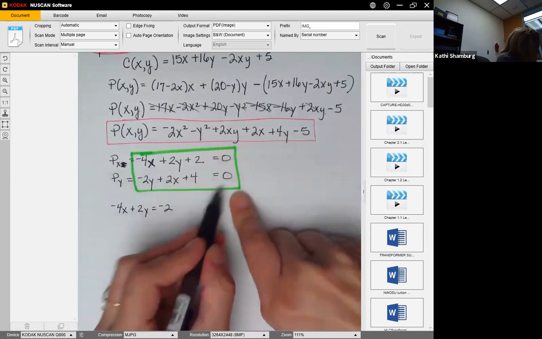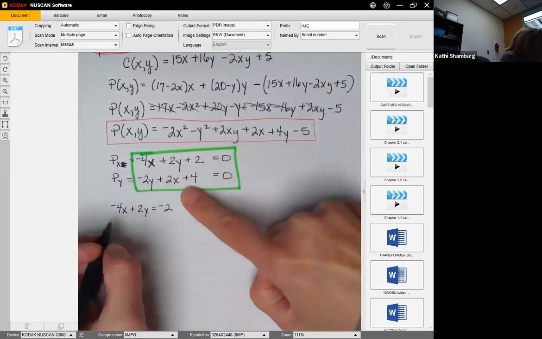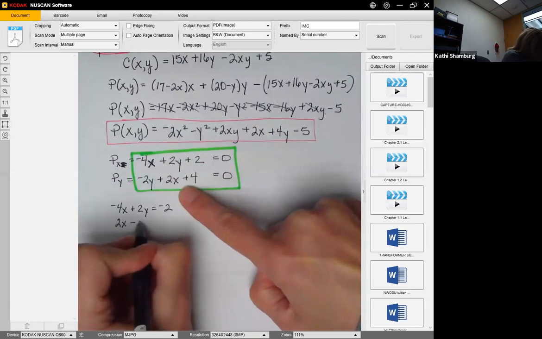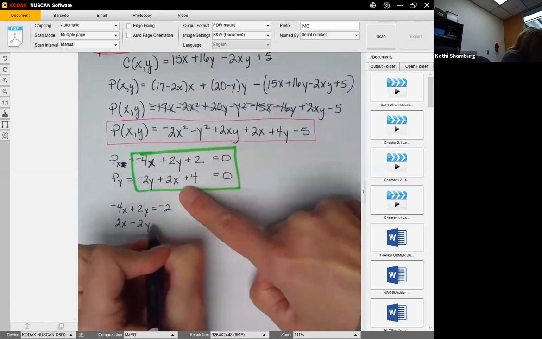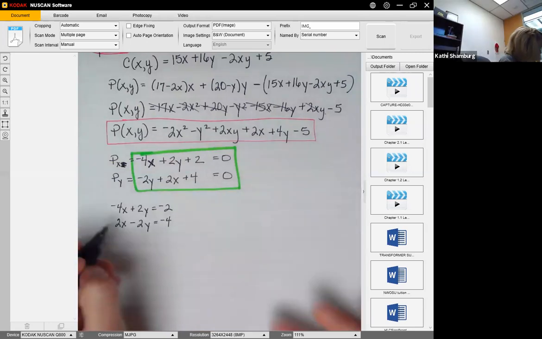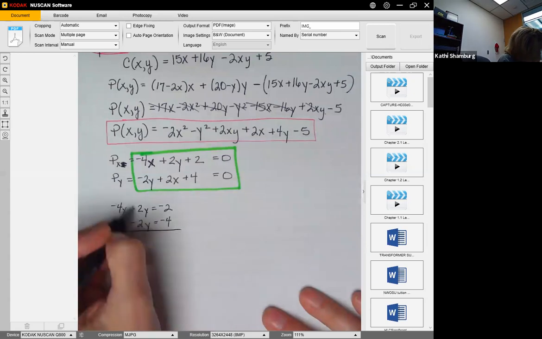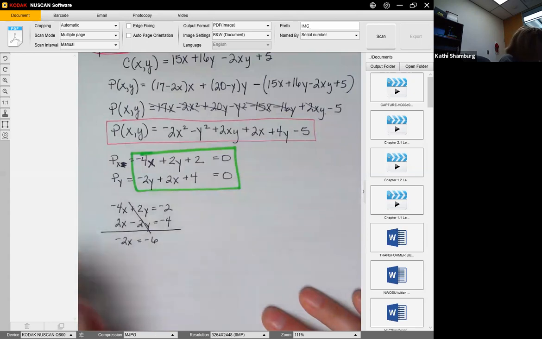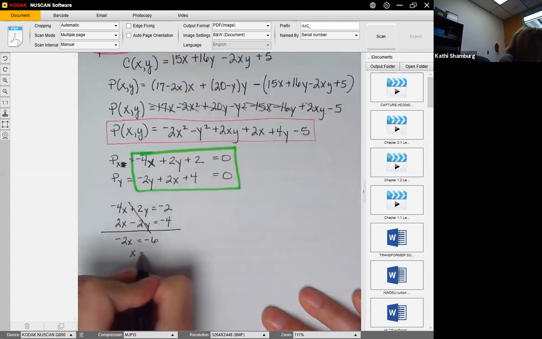Then I'm going to subtract 4 from both sides, and move these to where my variables are lined up. Wow, I like this. Look at your y's. They're already opposites, so that's a 0. So I would have negative 2x equals negative 6. Divide both sides by 2, so x equals 3.